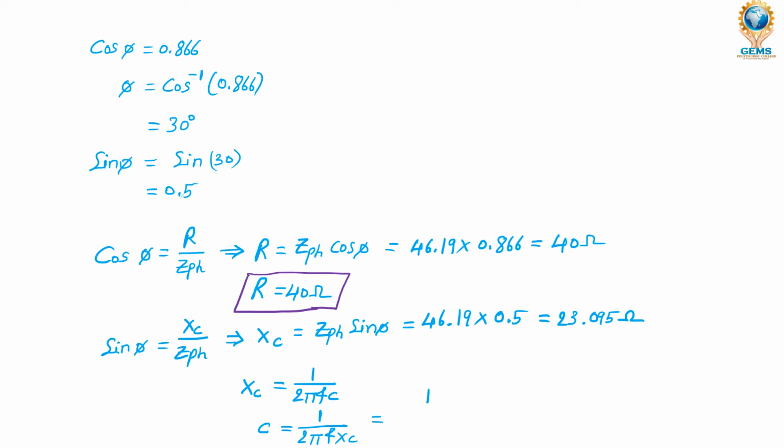If you substitute the values, 1 by 2 into pi into frequency 50 into the Xc value we just found, 23.095, we will get the capacitance value 137.83 microfarad.